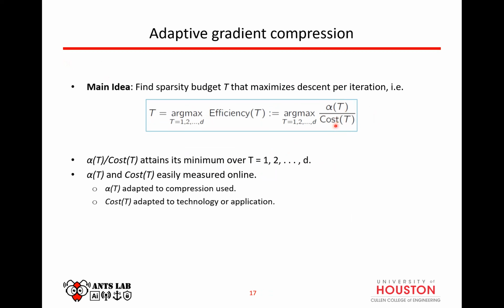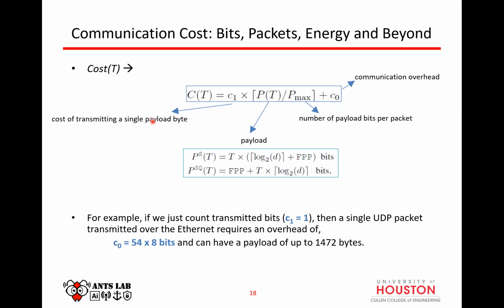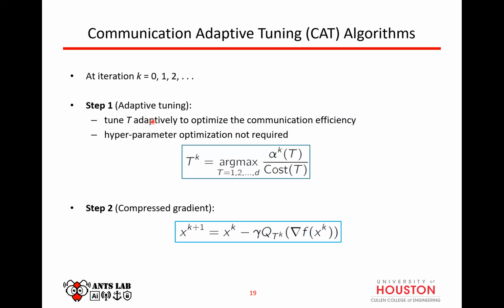So in a combination of all these things, you're trying to find your compression level, or your sparsity budget. This is a more intuitive, better way of finding what budget you want to allocate for compression in your training. So we can do this kind of computation and then compute the T.